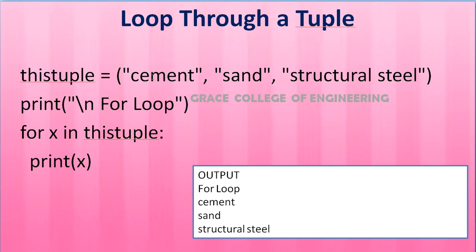Each and every element in this tuple will be moved to the x variable and printed one by one, iteratively. So first the cement will be stored in x and printed. So cement is printed, then sand and then structural steel.